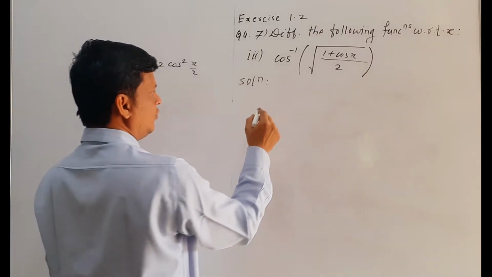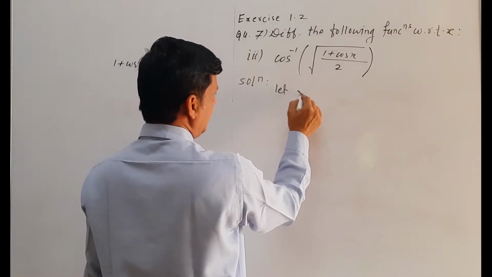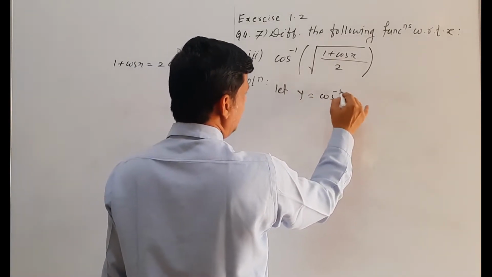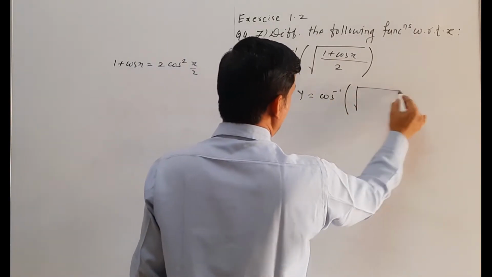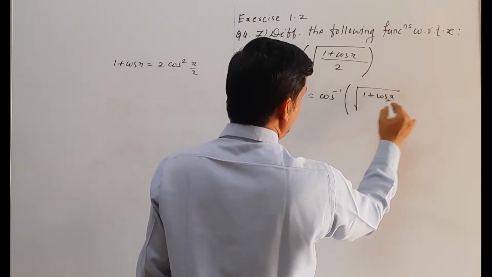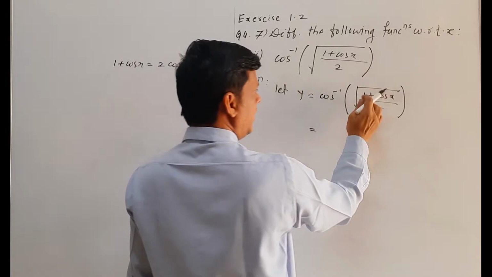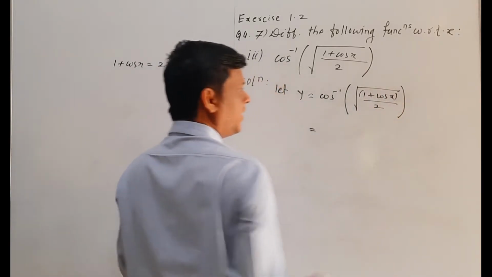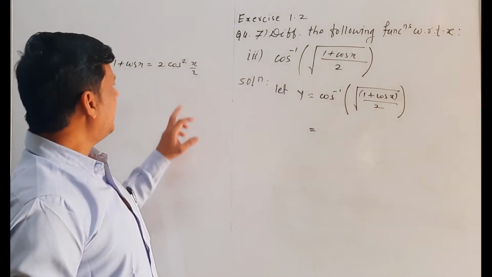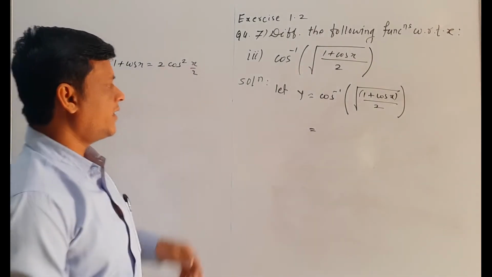So we write in solution, let y is equal to cos inverse of under root 1 plus cos x upon 2. So we replace this 1 plus cos x by using the half angle formula as 2 cos square x by 2.